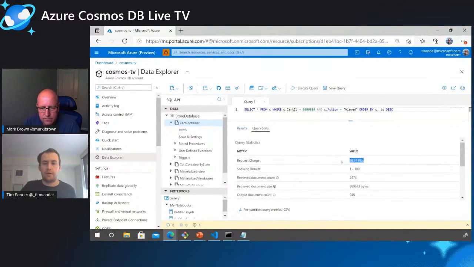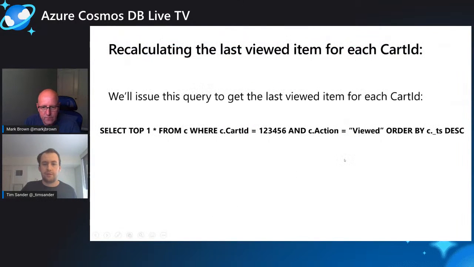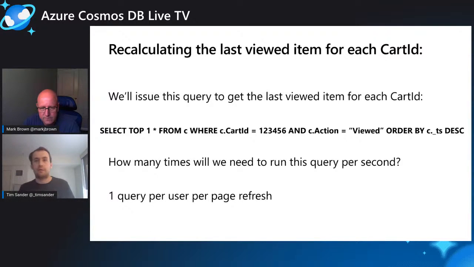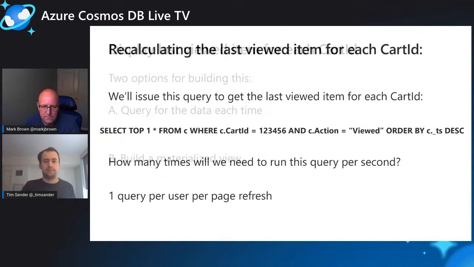And even if this was only like 20 RUs after you optimize it, this query is going to be run so much. If you imagine how often we'll run this for each user, it's really once per page refresh, or maybe when a user logs off. If your website's popular, it has the potential to be very costly.